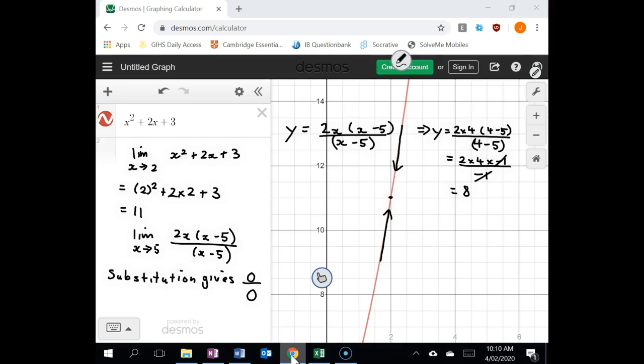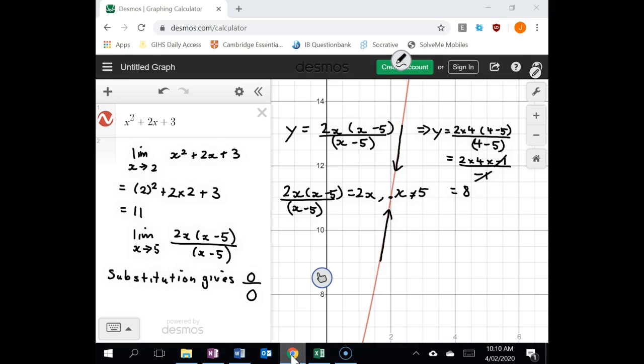What does that mean? It means a couple of really important things. The first thing is that we can say that 2x(x take 5)/(x take 5) is equal to 2x, provided that x does not equal 5.